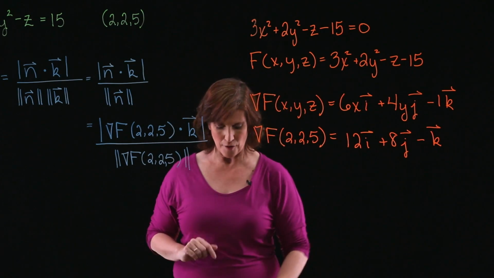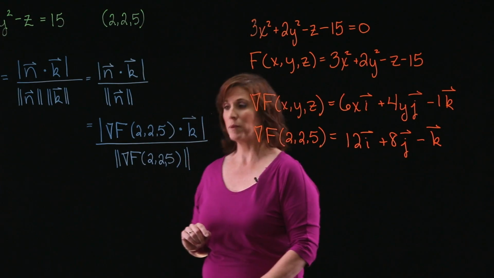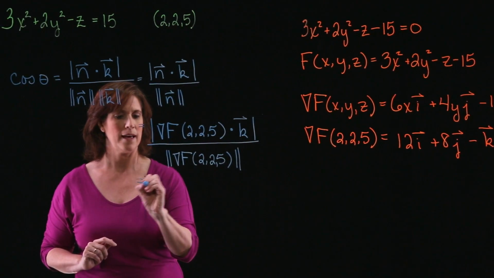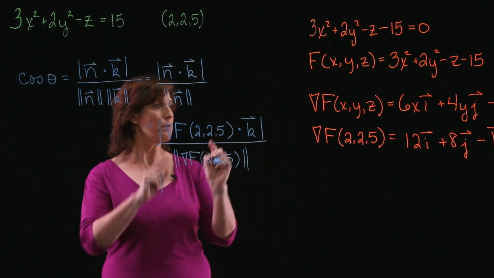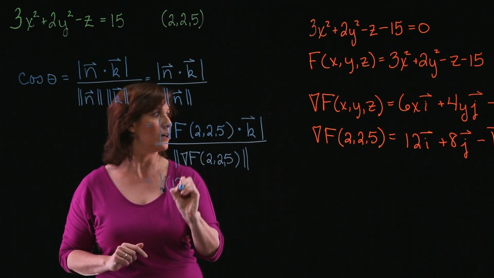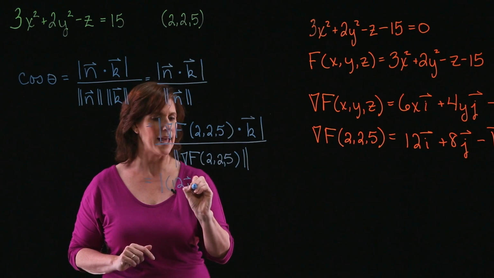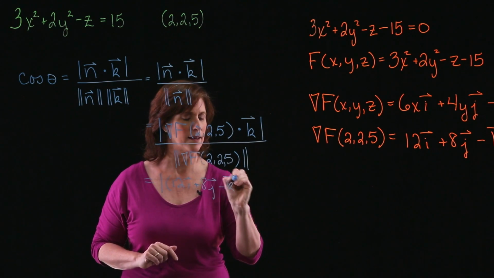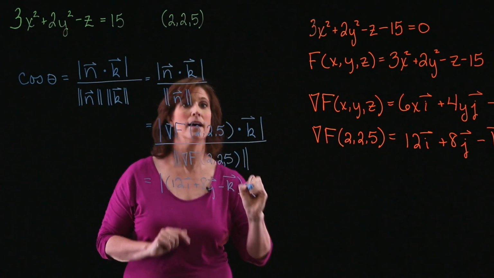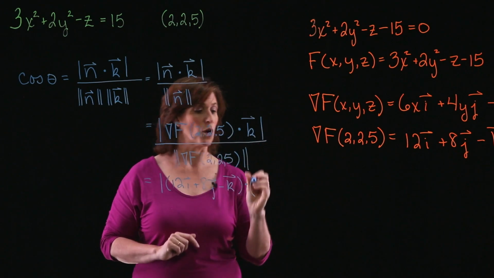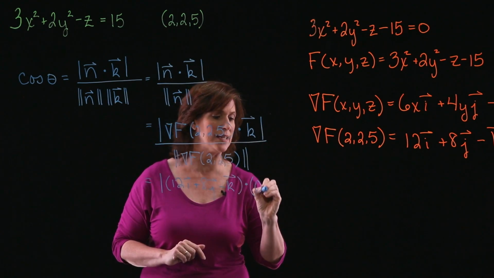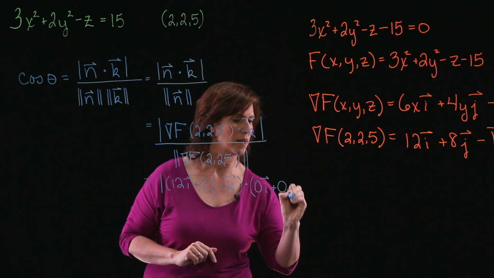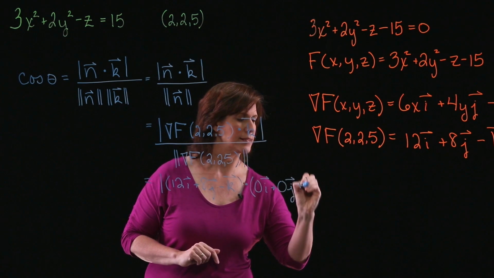All right, so now that I have my gradient, I can go back to my formula, and I know that the cosine of theta now is going to be the absolute value of the dot product of 12i plus 8j minus k and my k vector, which if I want to, I can write as 0i plus 0j plus k.